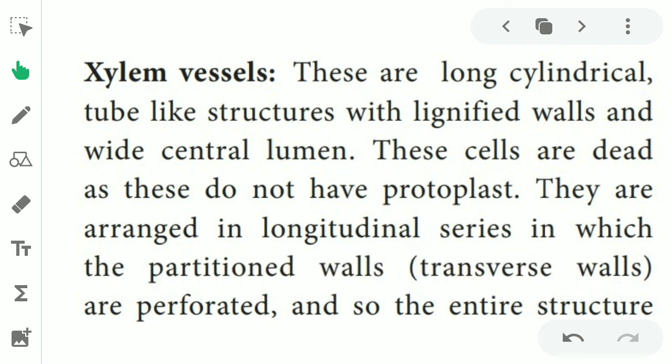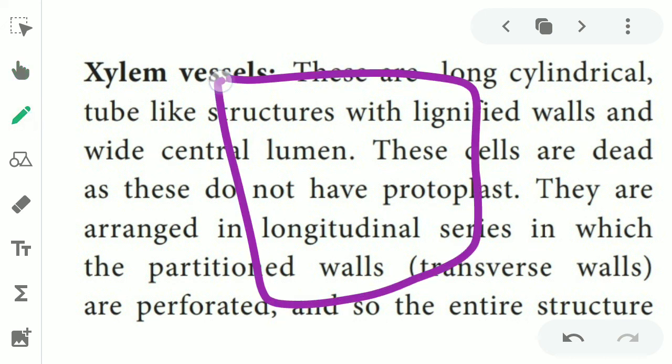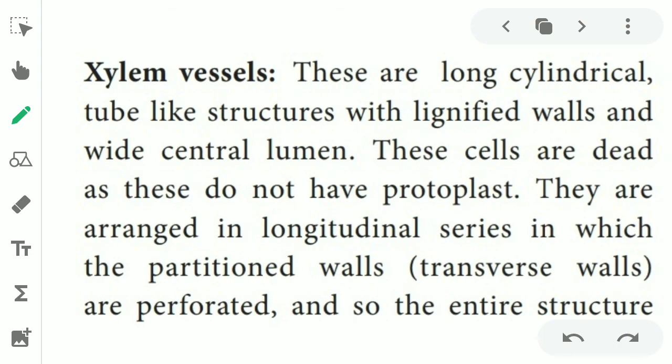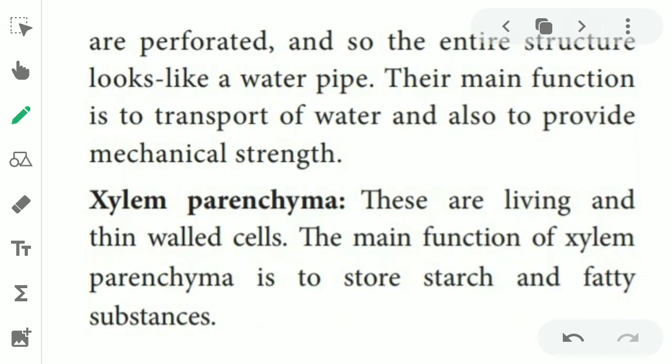Series means one by one continuously, with partition walls, transverse walls. Partition is like the partition of a room. The walls are made by partition walls. The partition walls are perforated.